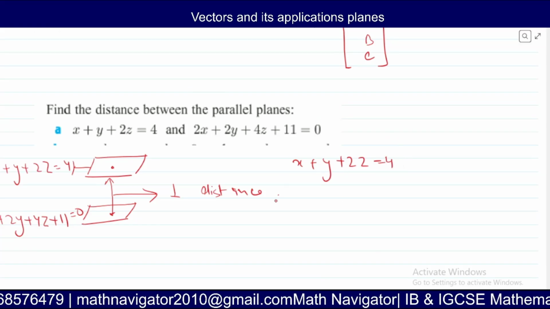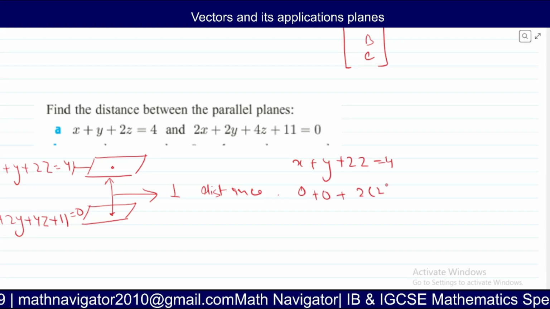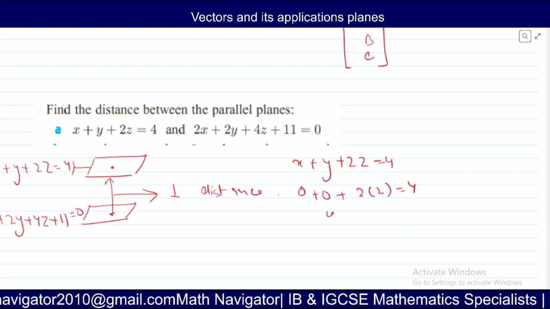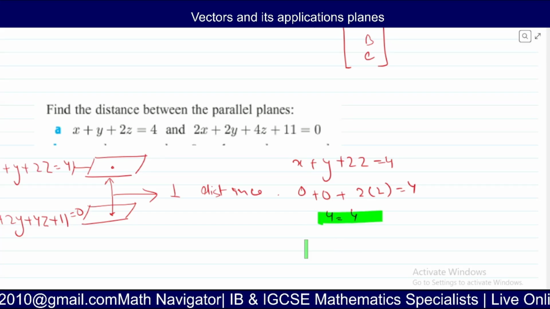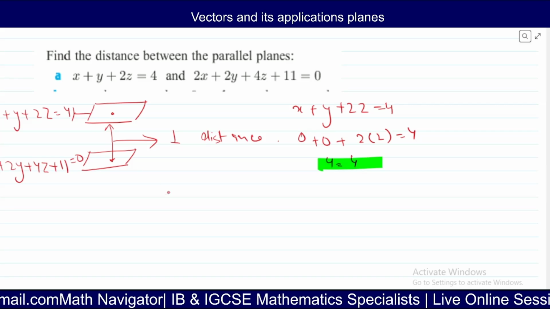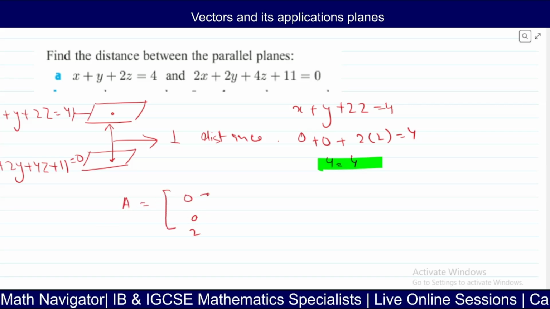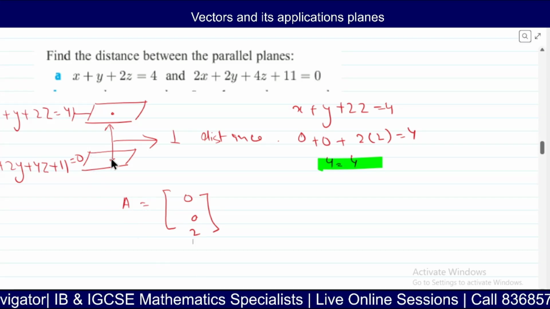Now I'm taking x as 0, y as 0, and 2 times 2 is equal to 4. Why have I taken this? Because the left hand side is equal to the right hand side. That's why I have taken these coordinates. So the coordinates of this point, let's say my A, become 0, 0, 2. Perfect.